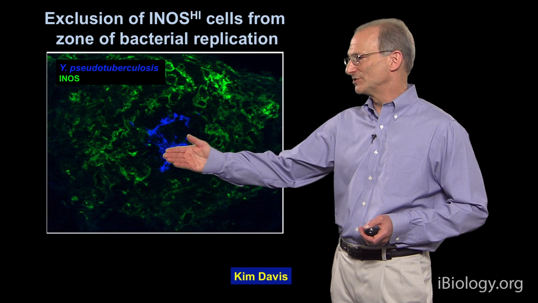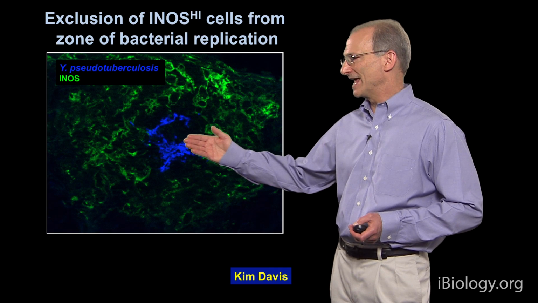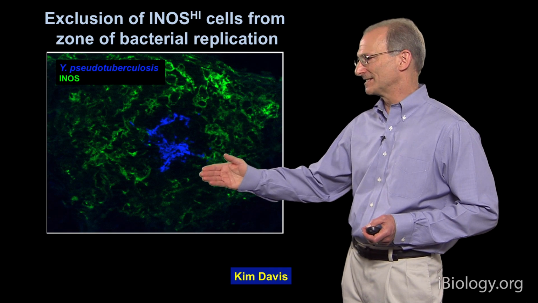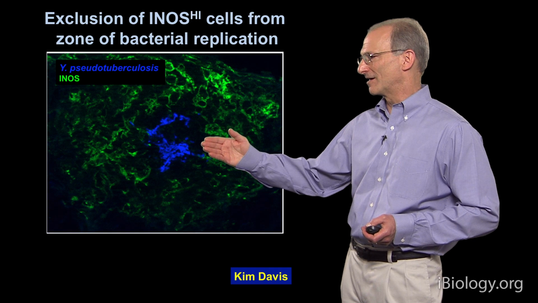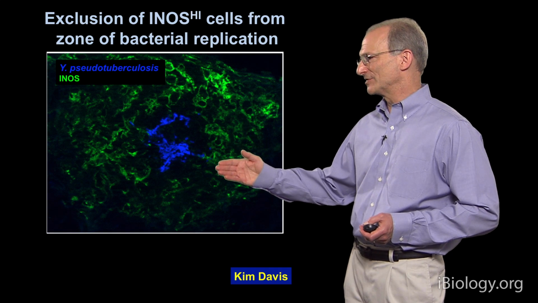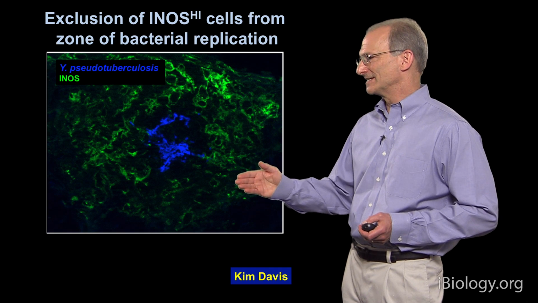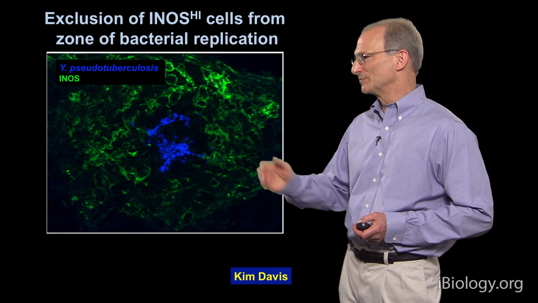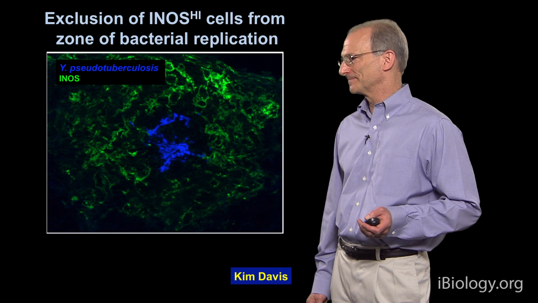Surprisingly, although bacteria are growing within this colony, there's a gap. As I'll show you on the next slide, this gap actually has cells, but these cells are not making inducible nitric oxide synthase. Instead, the inducible nitric oxide synthase is coming from cells in the periphery. These cells out here that are making inducible nitric oxide synthase, we believe, are macrophages and lymphocytes.